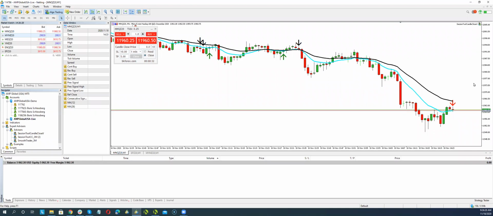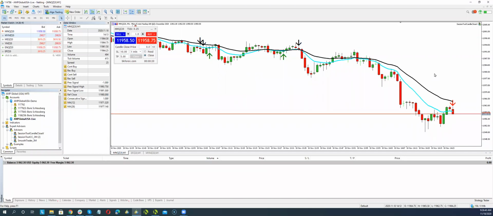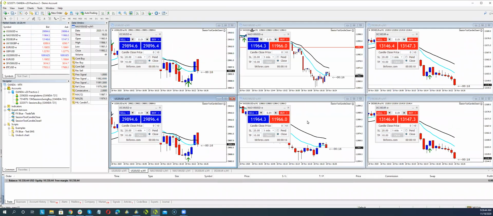If you make 20, 30 points a day, you're effectively making 400 points a month in NASDAQ. That's massive. It's just massive. So that kind of scalping idea is very cool when you're setting it up.